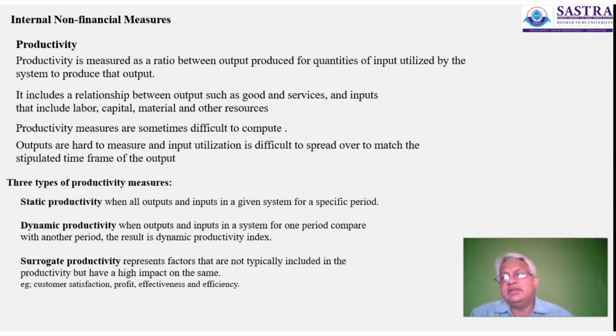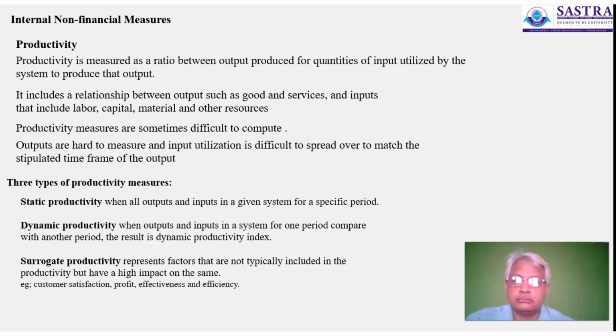The next part of your internal measures now comes as a non-financial measure. And one of the first non-financial measures is productivity. Now, let us understand what productivity is. Productivity is a ratio of output versus input.